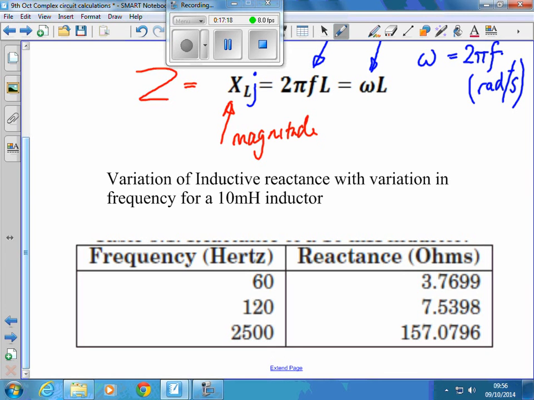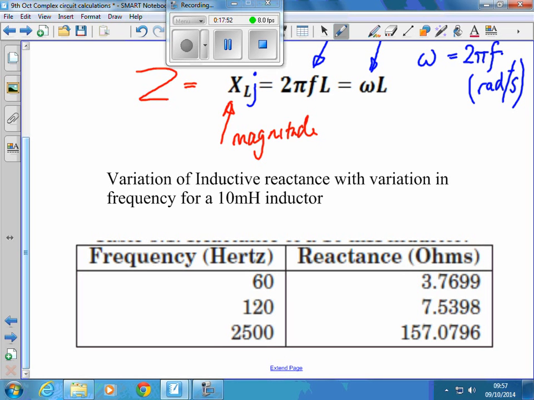At 120 hertz, 7.54 ohms impedance. At 2500 hertz, 157 ohms. So as you increase the frequency, the opposition to current flow in that inductor goes up. What's going to happen to the current? Down. Yep. So as you increase frequency in an inductor circuit, the current's going to fall.